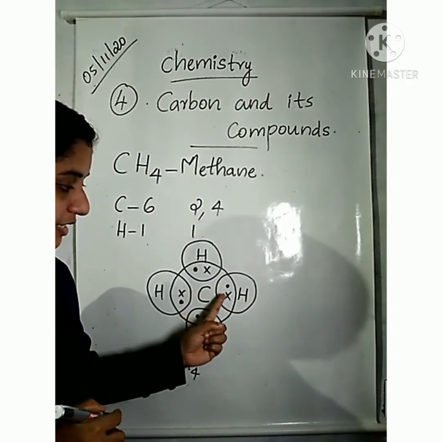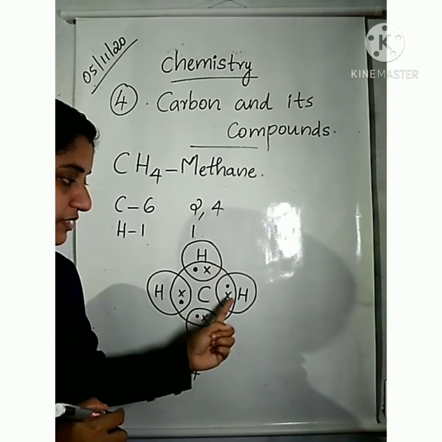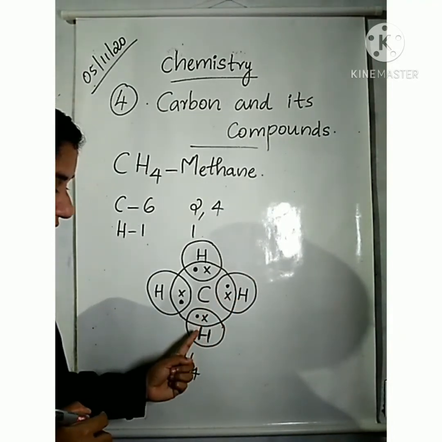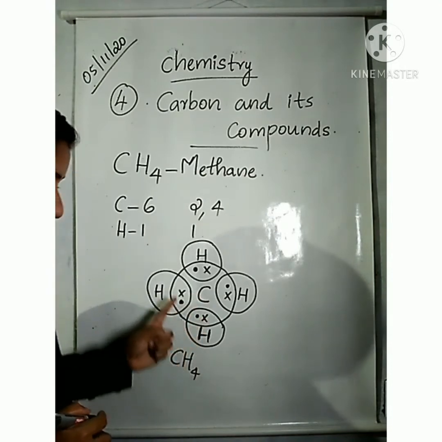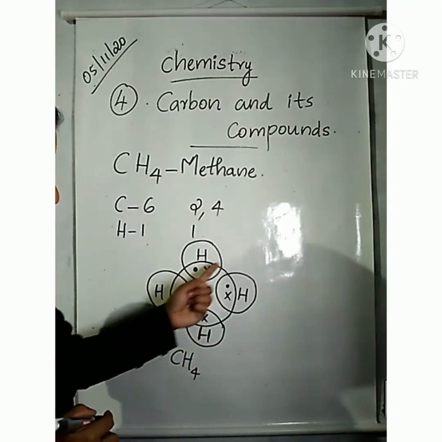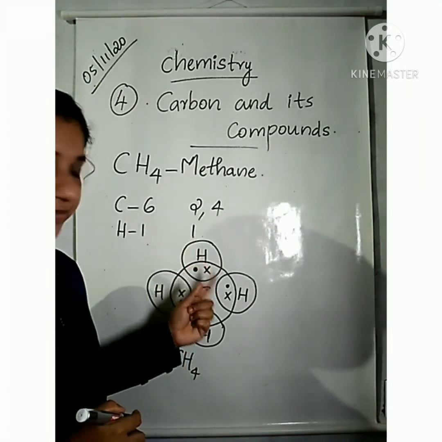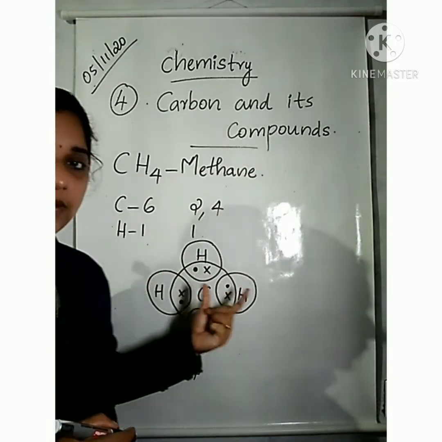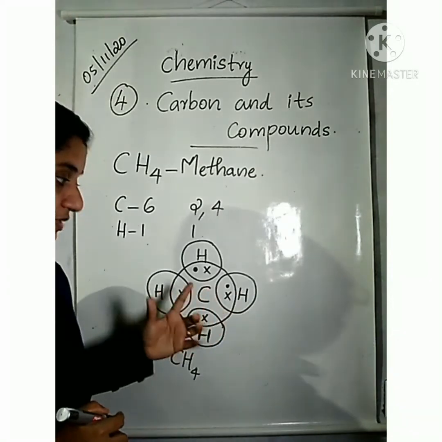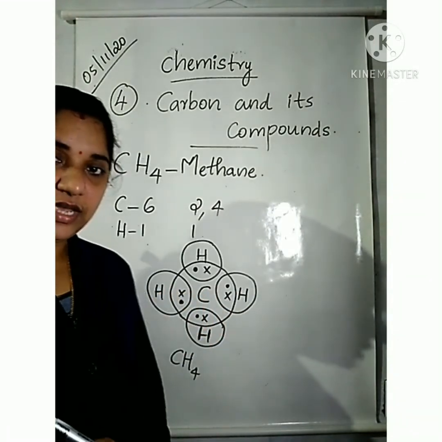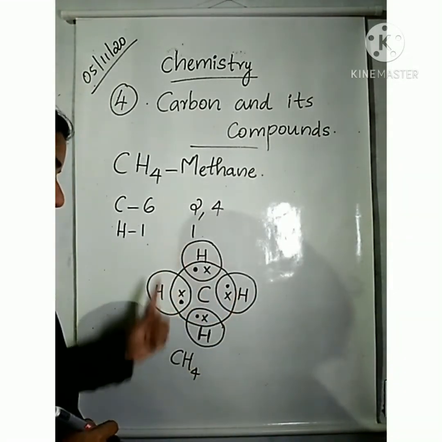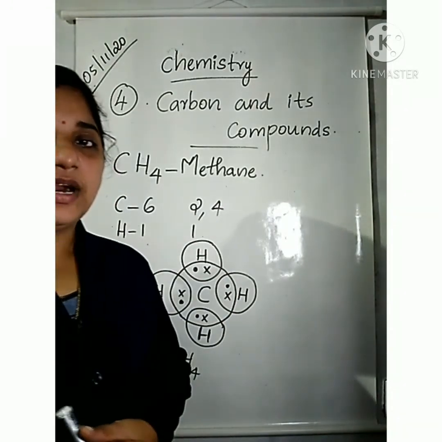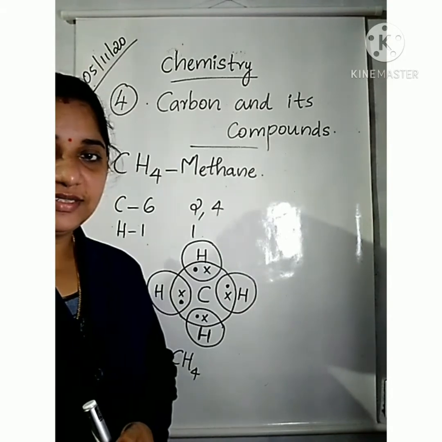Here this electron is shared with this hydrogen atom, and here with this hydrogen atom, and here with this hydrogen atom, and here with this hydrogen atom. Each hydrogen atom also attains its stability by sharing the electrons with the carbon. Okay, this is the electron dot structure of methane. It is the simplest carbon compound.